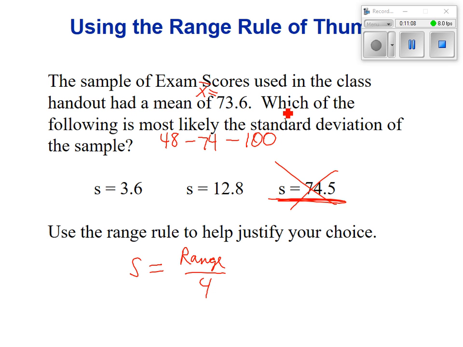Where'd I get 26? Because I just took this and I said, all right, that's close to 13, just making an estimate. So 26 would have been double that. Oh, we shouldn't have just doubled that, should we? You're right. Not double that, what should it be?